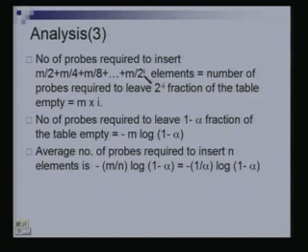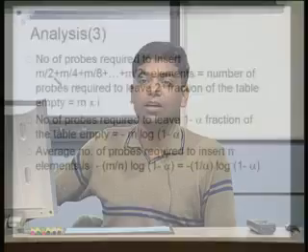After I have inserted all of these elements, how many locations are empty in the table? After I inserted m/2 elements, what fraction of the table was empty? Half. After I inserted m/2 plus m/4, how much of the table was empty? 1/4. So it's really this last number here.